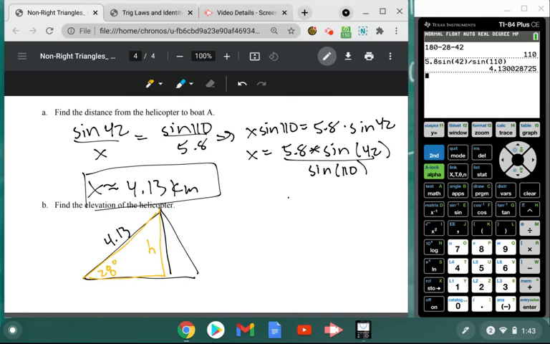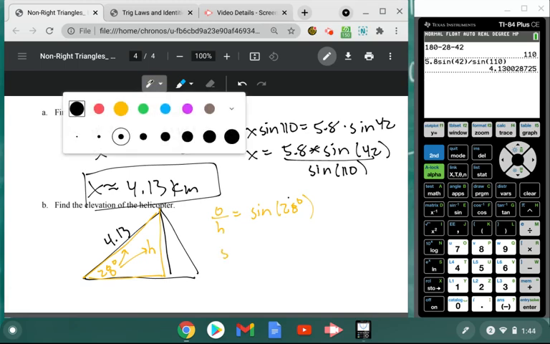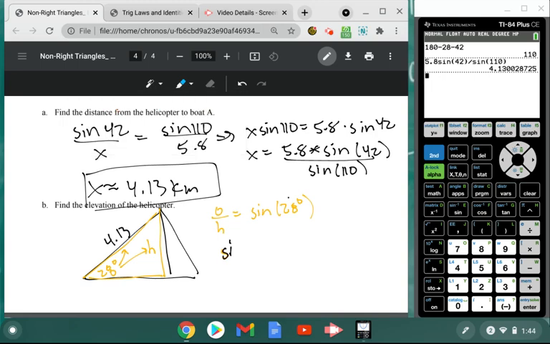As I'm looking at this triangle that I have in yellow, I have opposite and I have hypotenuse. So opposite over hypotenuse is SOHCAHTOA, right? So that's going to be the sine of 28 degrees. So I can just use good old right triangle trig to solve this one. Let me do this in a different color so you can see. So I can write that the sine of 28 degrees is equal to opposite, which is what I'm looking for, divided by hypotenuse, which is 4.13.